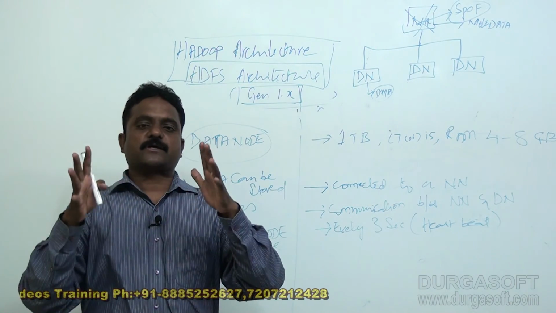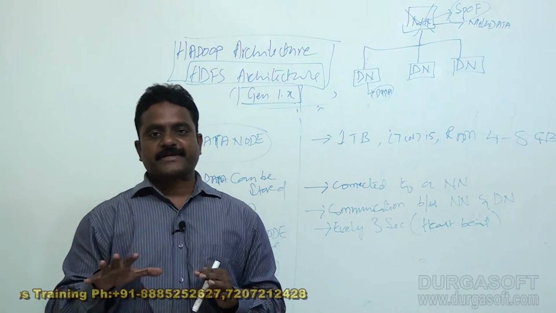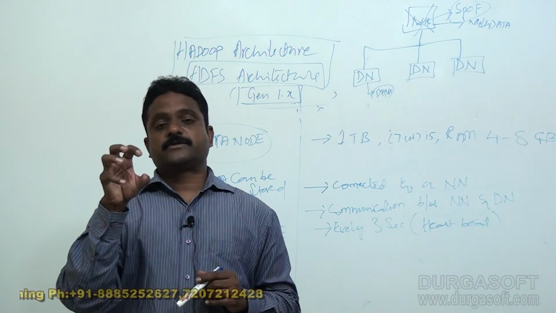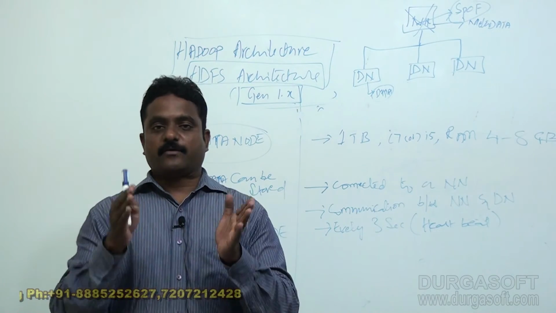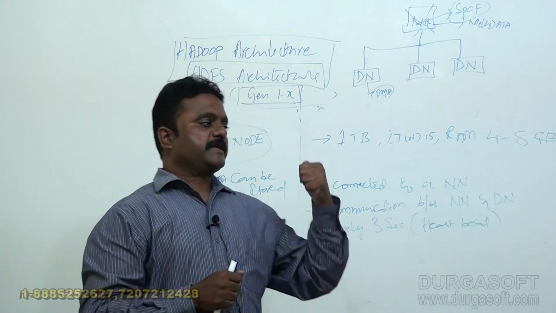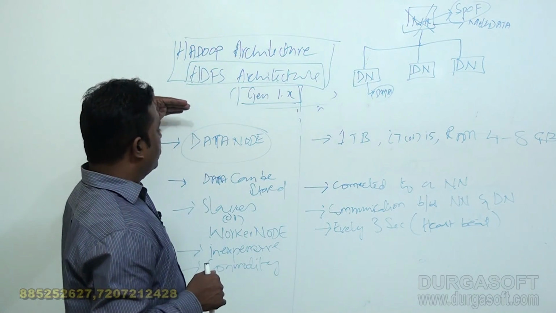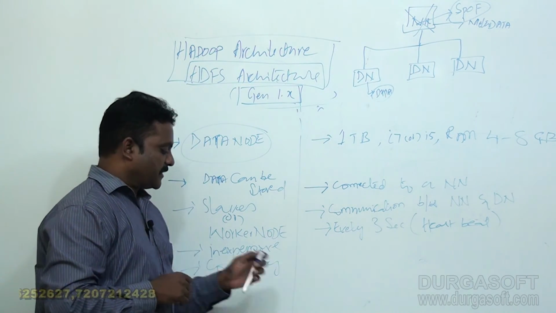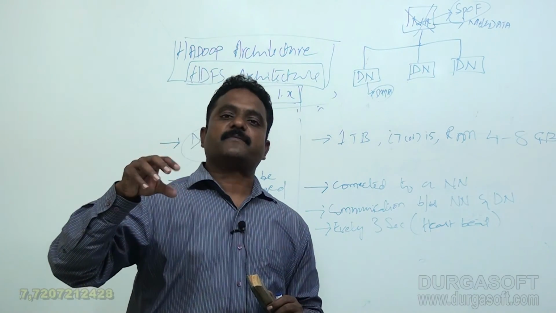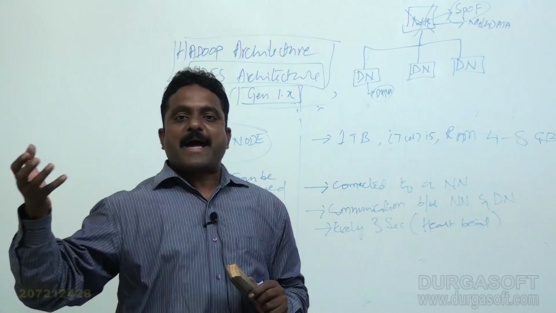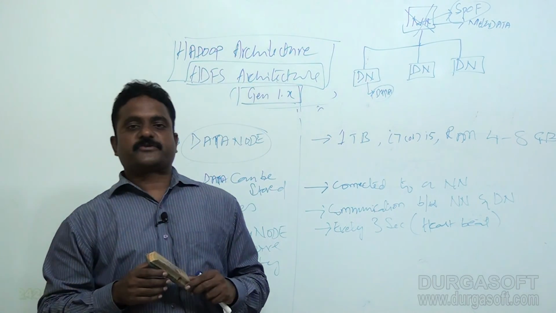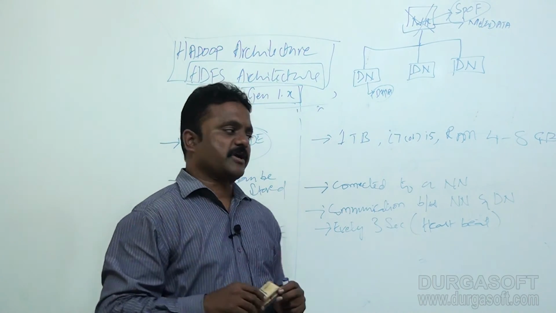Those processes are the name node, secondary name node, data node, and we have not yet come to what a job tracker and a task tracker are. These 3 are the processes when it comes to storing the data. When it comes to processing, we have the MapReduce architecture, and at that time we will discuss what a job tracker and a task tracker are.